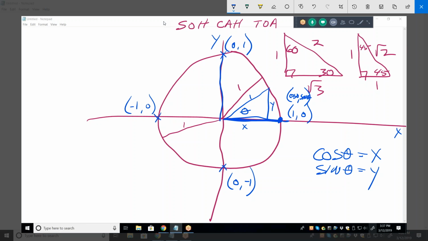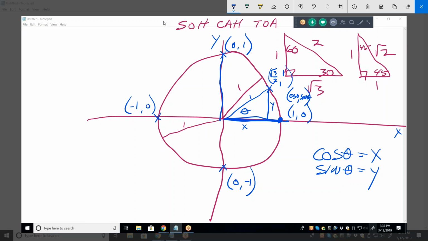So, if I made theta 30 degrees, what are the coordinates of that point right there? If theta is 30 degrees. And what's the sine of 30 degrees?